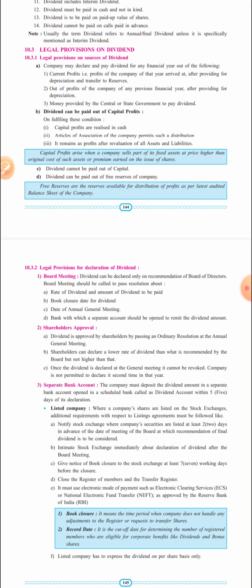Dividend can also be paid from capital profit, but certain conditions must be followed. These conditions are: capital profits are realized in cash, meaning the profit that arises after selling fixed assets for more than their cost. And there must be a permission or provision in the articles of association.